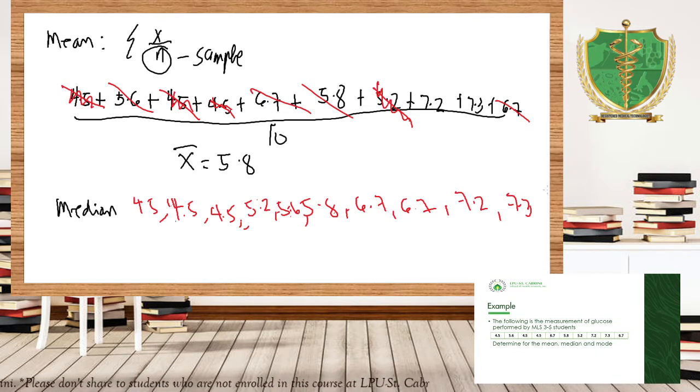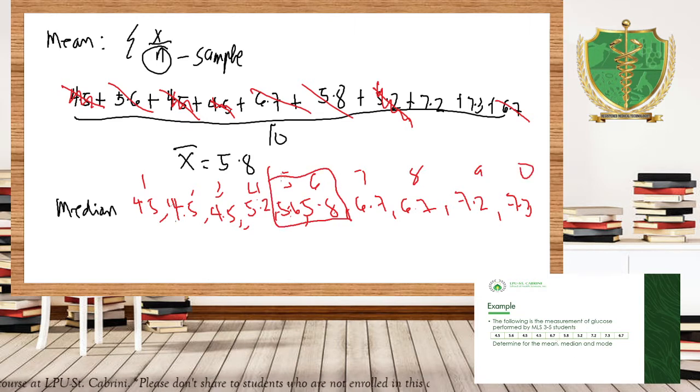Since this is an even number of values, we don't have a single middle value. Counting 1 through 10, our middle values are 5.6 and 5.8.